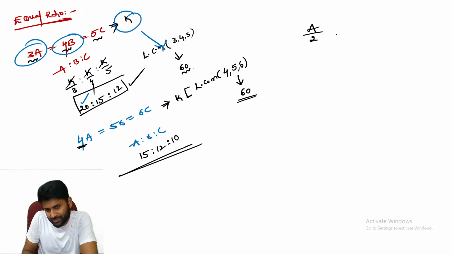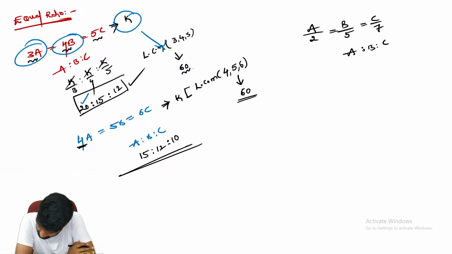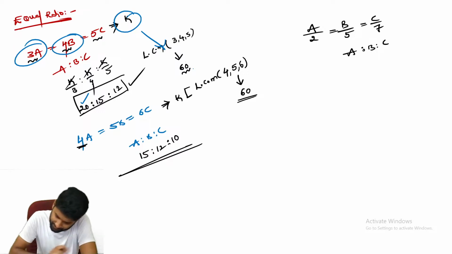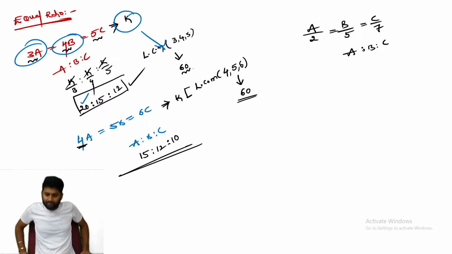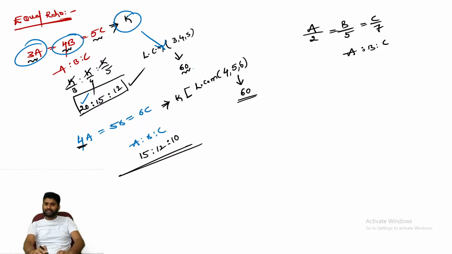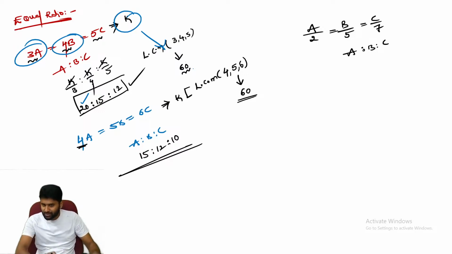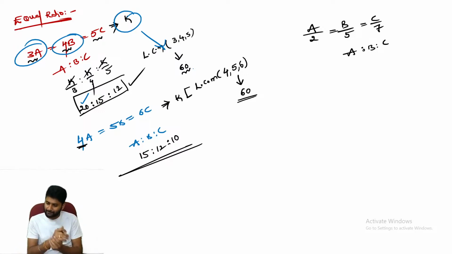Let's see this expression also. If A by 2 is equal to B by 5 is equal to C by 7, then what can be the ratio of ABC? In the ratio of ABC, A by 2 is equal to B by 5 is equal to C by 7.